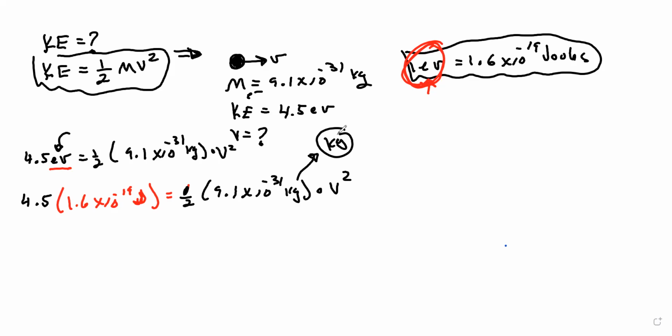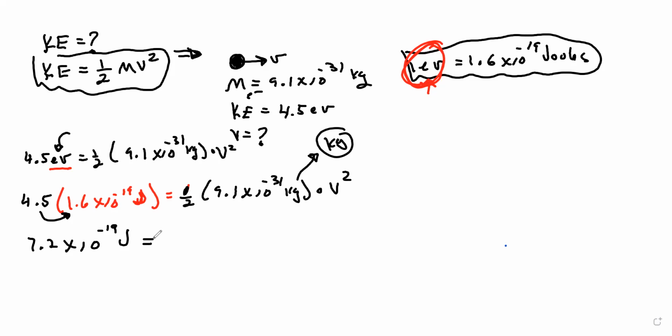So let's do this multiplication here. If we multiply these two, it's going to be 7.2 times 10 to the minus 19 joules.